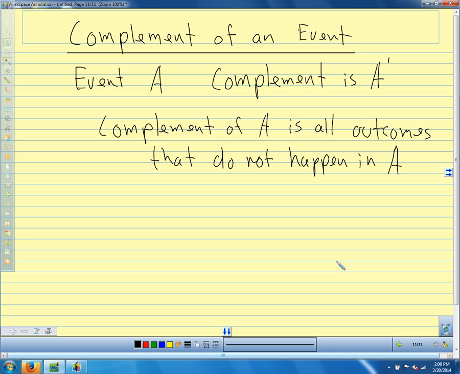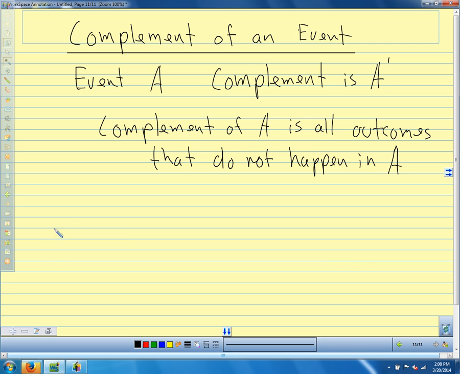The complement of rolling a 1 on a die is rolling every other number but 1. The complement of drawing a 2 out of the deck is drawing anything else but a 2. So the complement of an event is everything that doesn't happen in the original event.